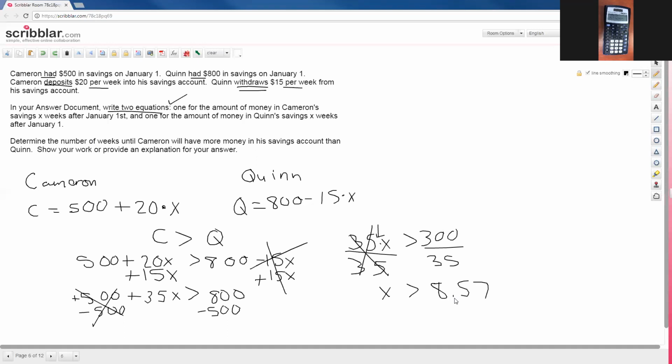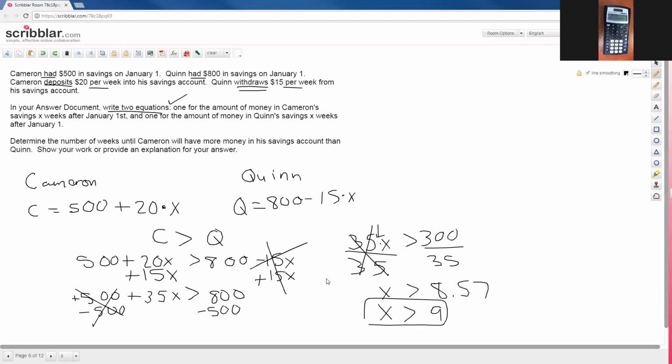This one in real life would round up. The 5 next to the 8 takes it up to a 9. But because it's an application problem, even if this said 8.1, we would round up to 9. 8 weeks wasn't quite enough. He needed a little more than 8. But since they're only calculating this every week, we have to go up to 9 to be for sure more money in Cameron's account than Quinn's.